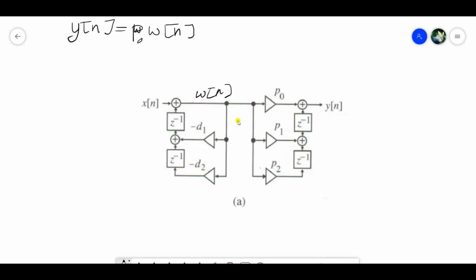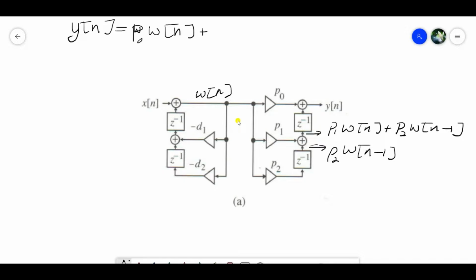wn, plus what? Here we look at wn goes into P2 and then it delays one time. So at this point, this is P2 wn minus 1. Then it sums with wn times P1. So at this point, it is P1 wn plus P2 wn minus 1.